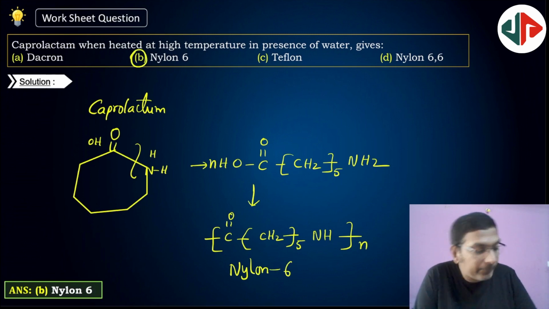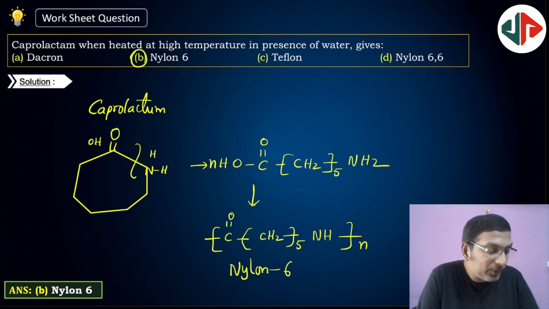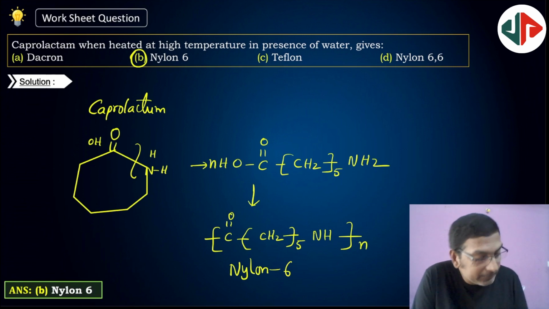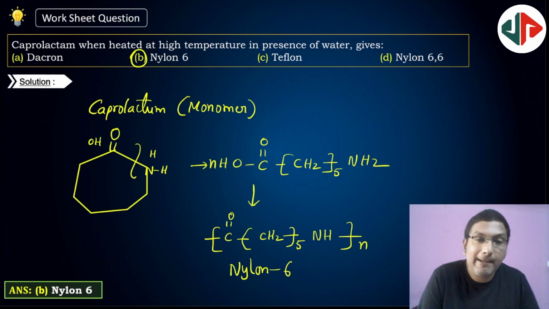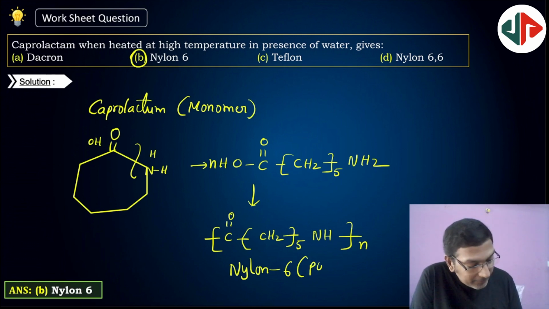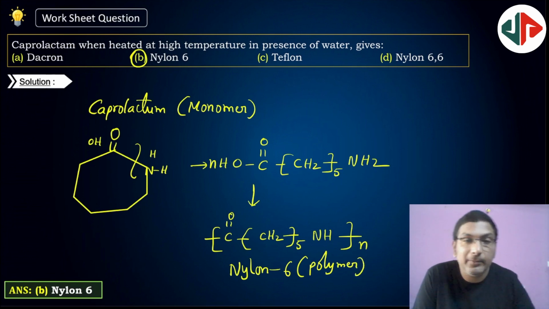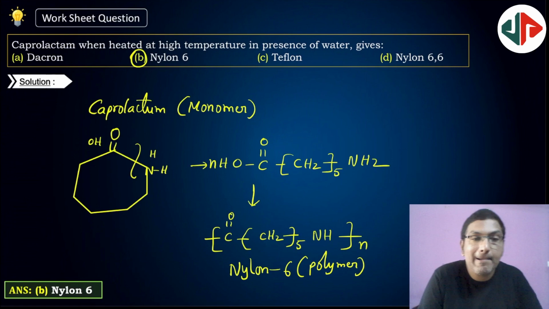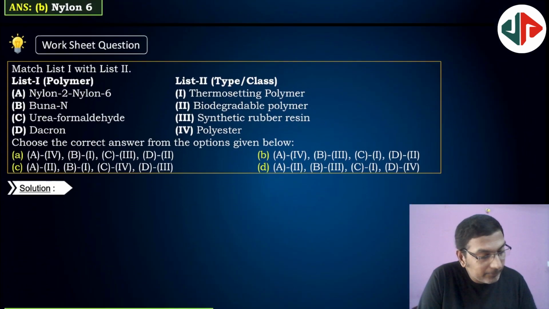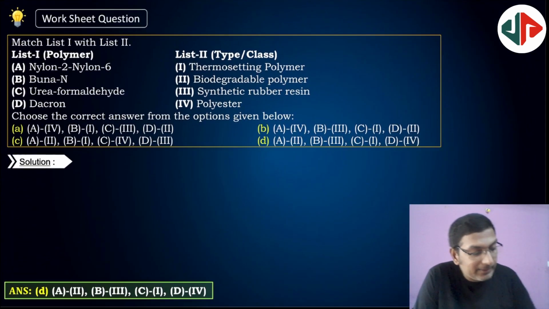Option B. So caprolactam is the monomer of nylon 6. Nylon 6 is the polymer. Very, very important. Option B. Next. Here it is also matching.